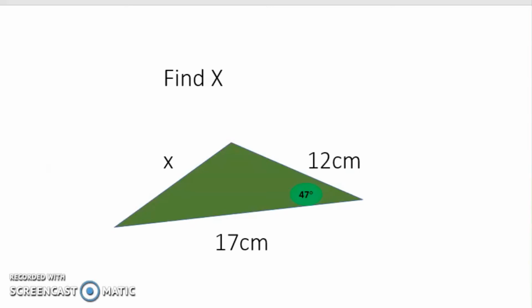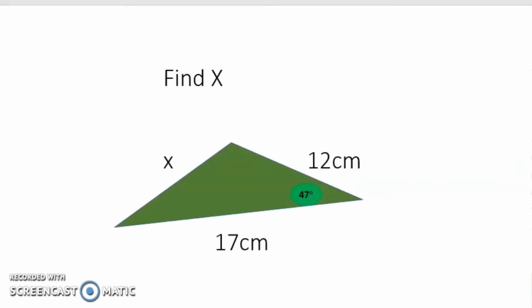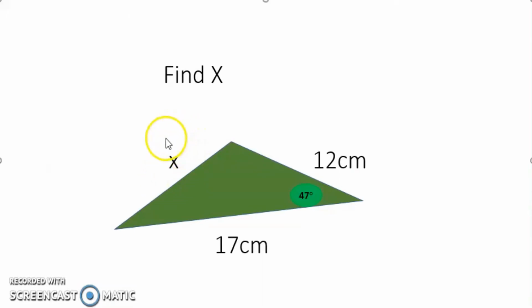How are we going to use this formula to solve for the value of x? Let us see. Which is the side? Please always label the side you are looking for small letter a.